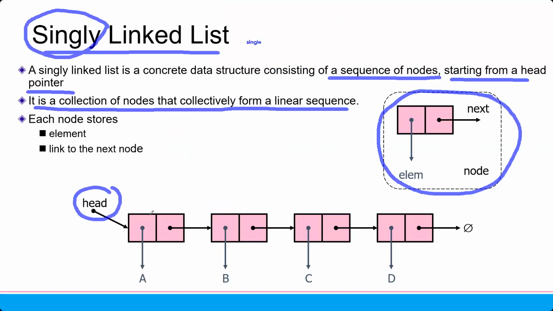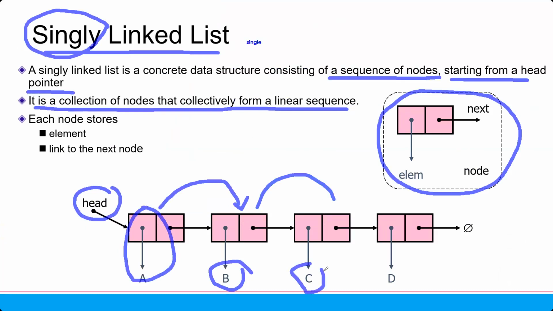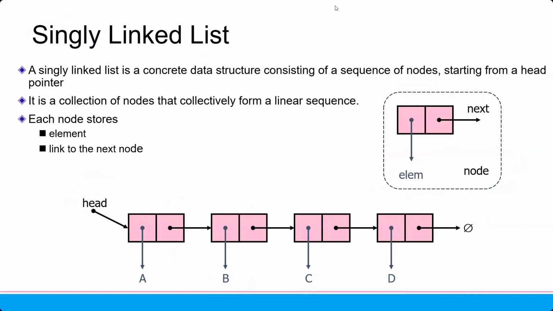A linear sequence means the front and here the end. Each of the nodes consists of an element.